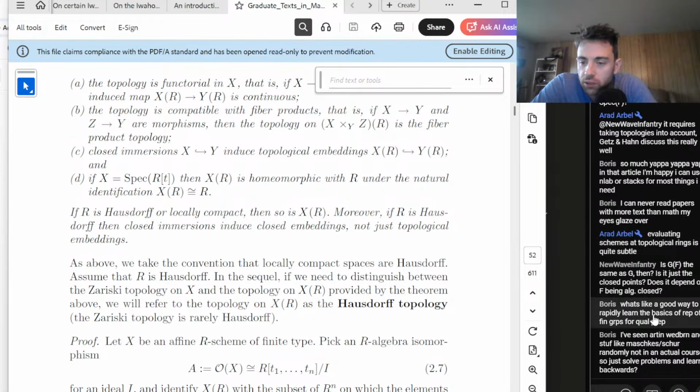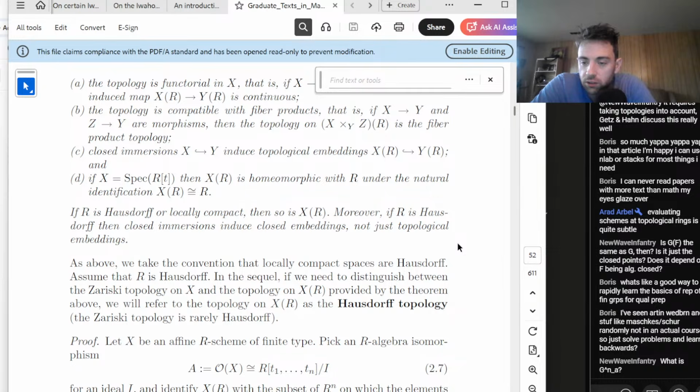What's a good way to rapidly learn the basics of representation theory of finite groups for qual prep? You've seen Artin-Wedderburn, stuff like Mackey's, sure, randomly, not in an actual course. Just solve problems and learn backwards. Yeah, solve problems, learn backwards. I mean, you should be able to compute character tables of groups, I would say.